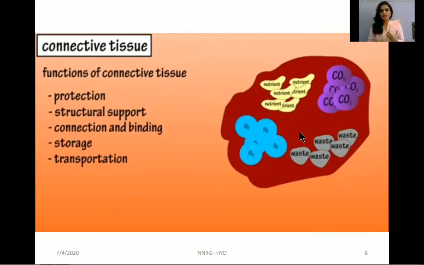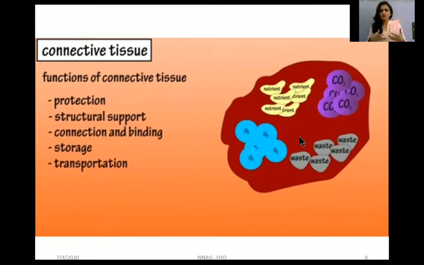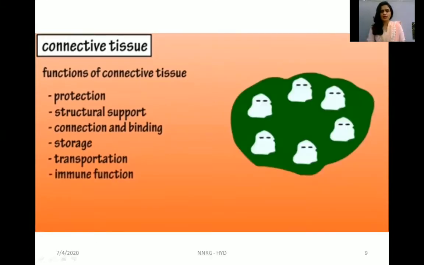Blood supplies gases like oxygen and carbon dioxide, and nutrients and waste materials, which are exchanged or transported throughout our body. Different connective tissues also have immune cells in them, so they help in immunity or the defense mechanism. They kill the invaders. That's how they help in immune function also.